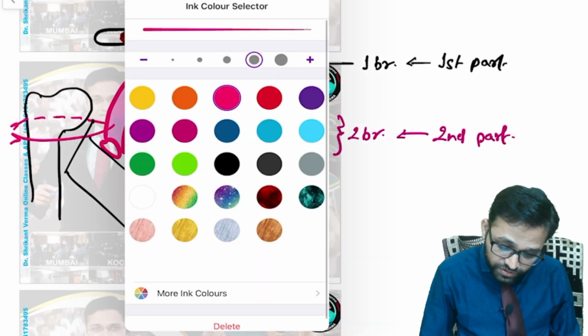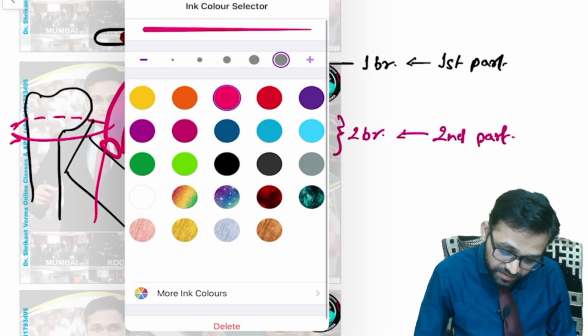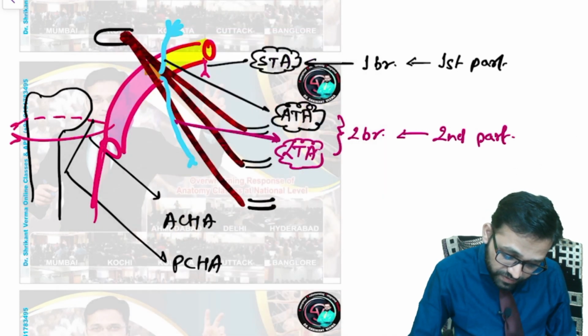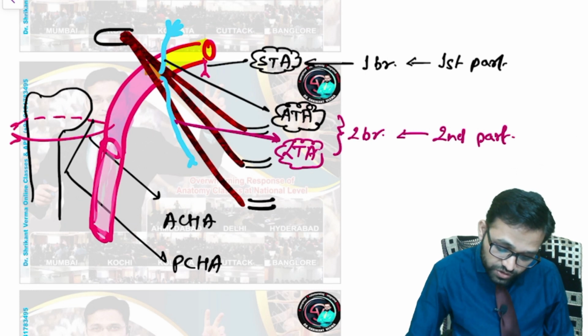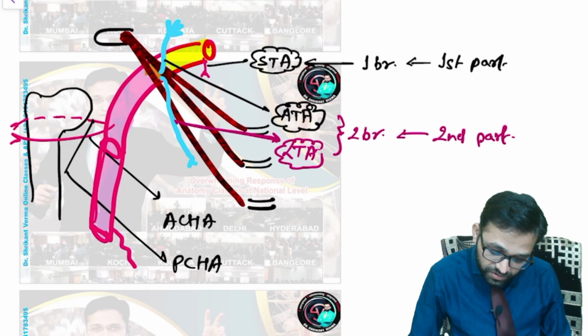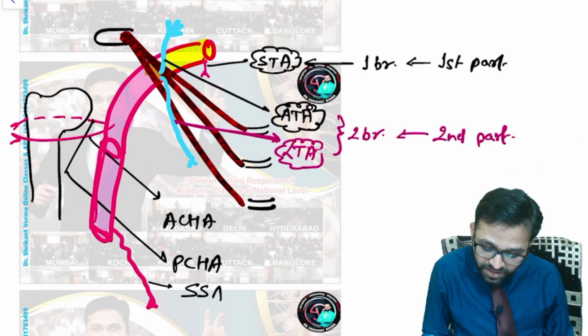For your presentation, see here, this artery is continuing in the axilla part, definitely. It is giving one large branch towards our scapula in the subscapular fossa, that is the subscapular artery.